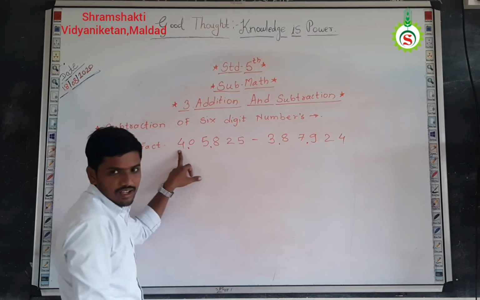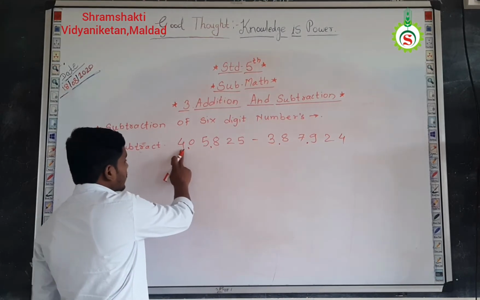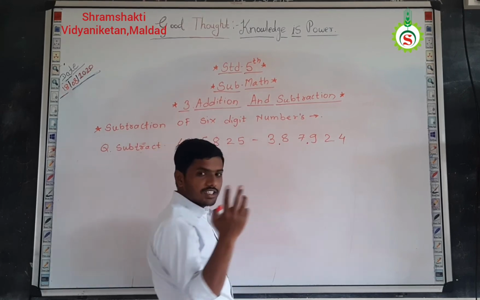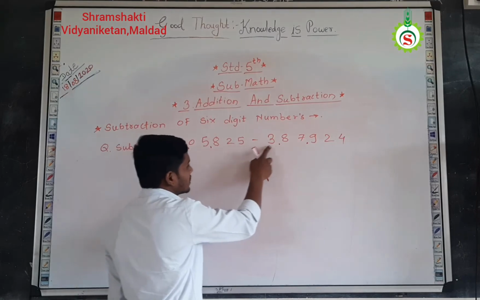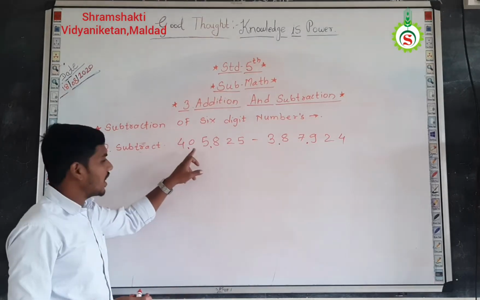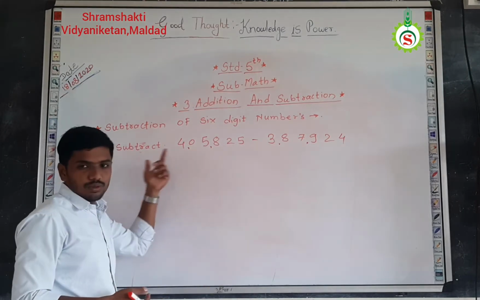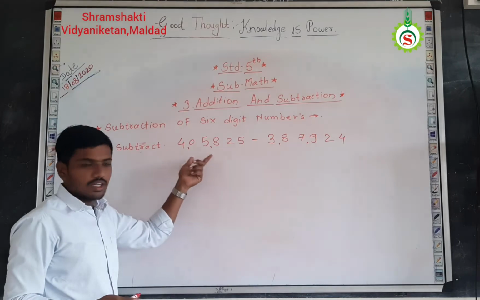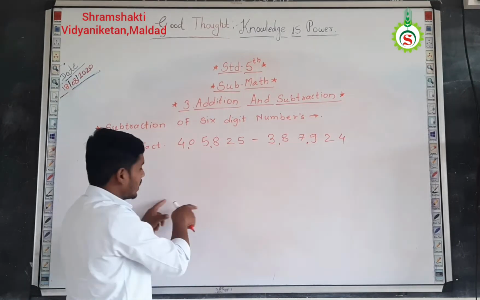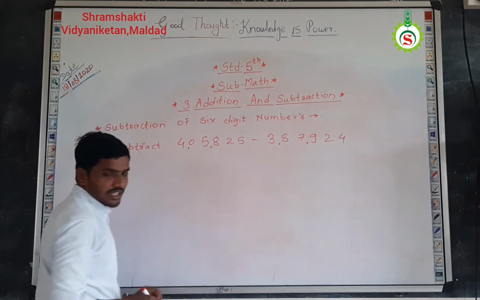Here at the place of lakh there is a 4, and here at the place of lakh there is a 3. That means 4 lakh something, 3 lakh something. Which is the greater number? Obviously 4 lakh 5,820. So if we want to do the subtraction, we have to write the larger number at the upper side, and below that you have to write the smaller number.